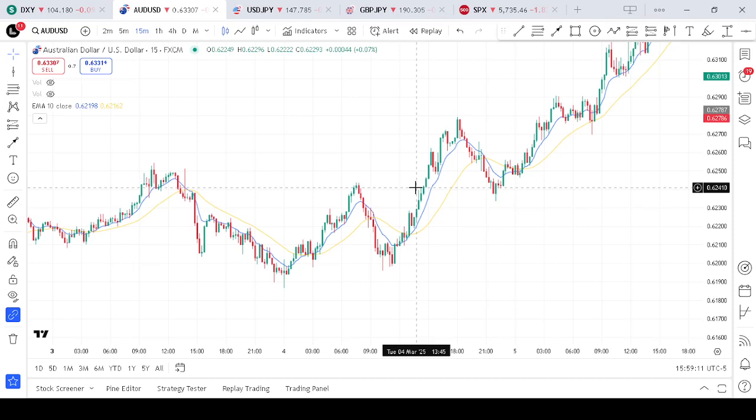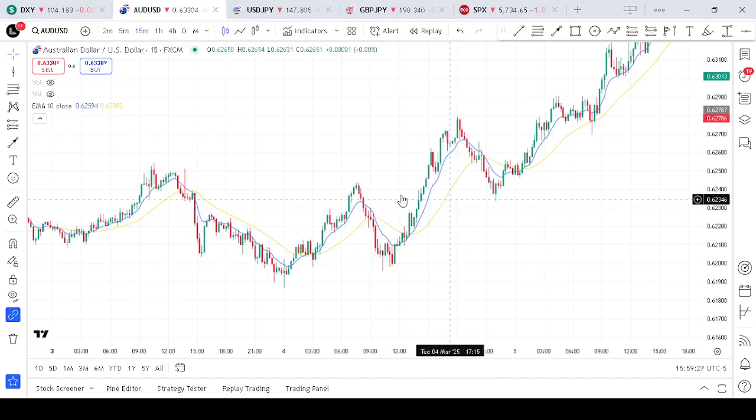So once the 10 period moving average crosses above the 20 period EMA, it signals a potential uptrend. As we can see from this example, once the blue line crosses above the yellow line, it signals a buying opportunity, and we should only consider entering buy trades.